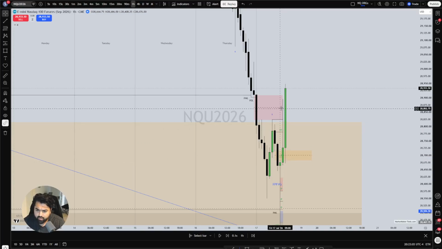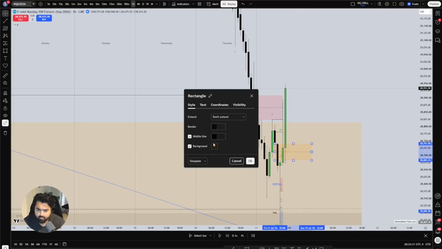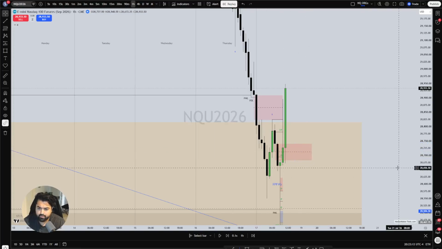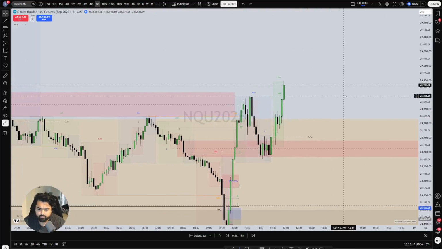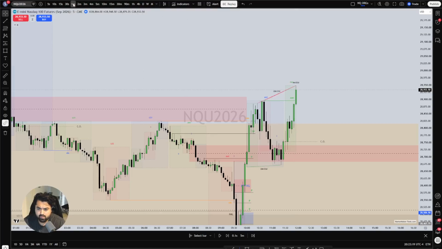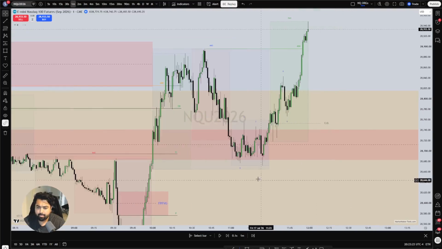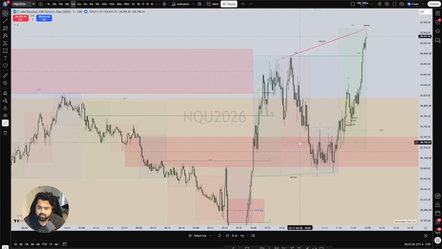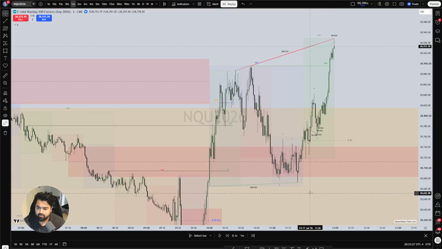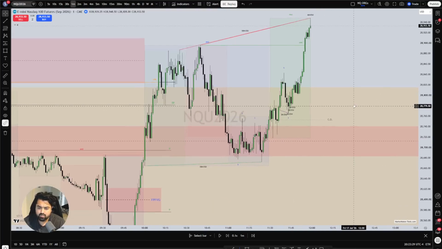This is the 10 a.m. candle that got closed. This is our hourly fair value gap. Let's go down to 5 minute and 1 minute. Okay, we come back in this fair value gap. Obviously it's a target where we can again look for longs.